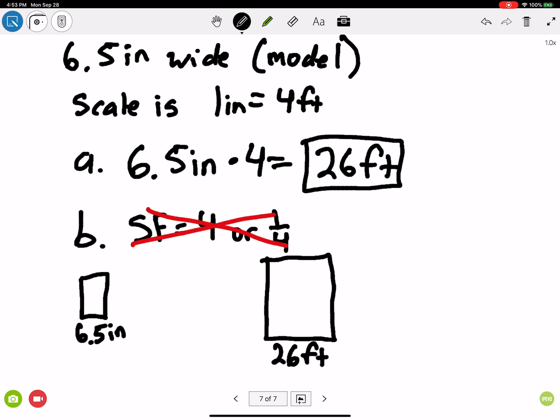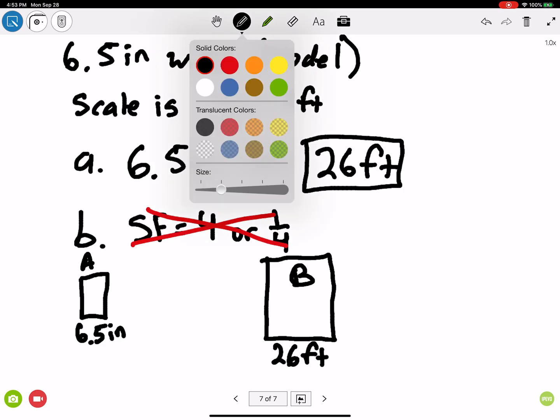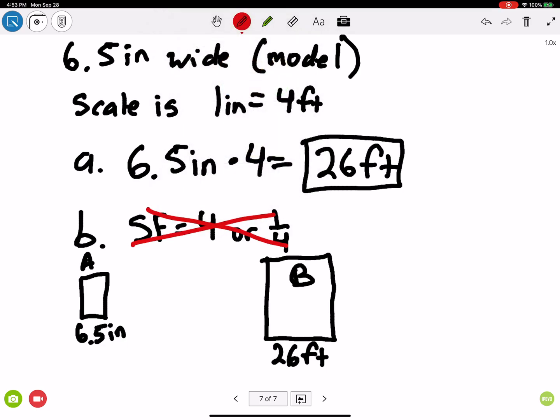So if you tell me that my scale factor is 4, going from the plans, which I'm going to call A, to B, which is the actual flower bed, then you're telling me that 6.5 inches quadrupled gives me 26 feet. Now, is that true?